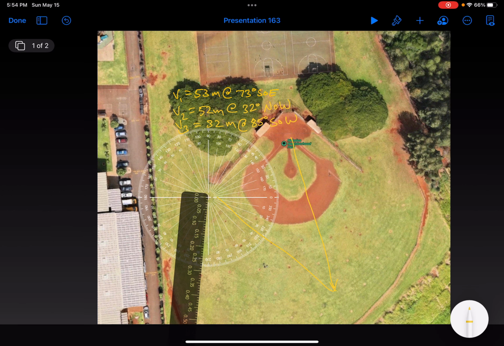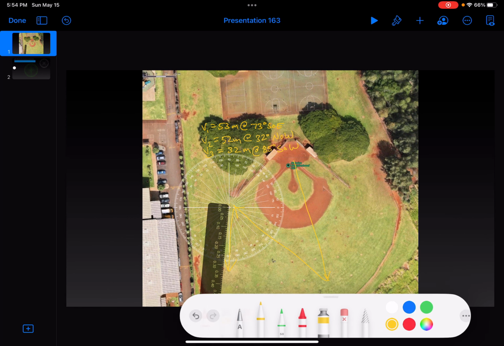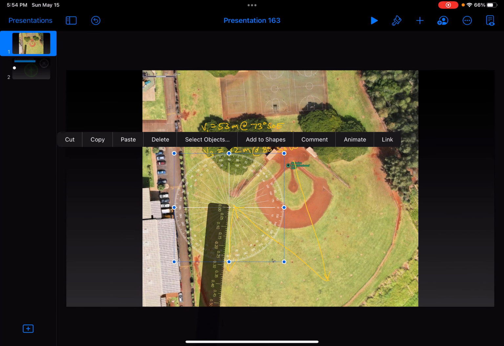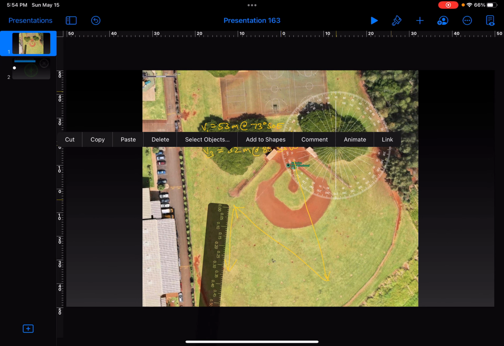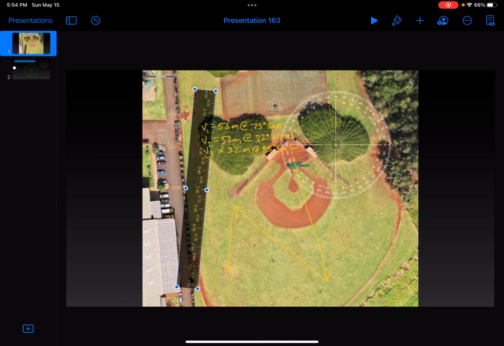Oops, so this one, and then our third sprinkler, that right there. All right, and these are all vectors with magnitudes and direction. We can measure these now using this protractor. Well, come on now, there we go. And this ruler, which can be resized. We've done that using an Apple Maps image, using the scale that is on Apple Maps right there.